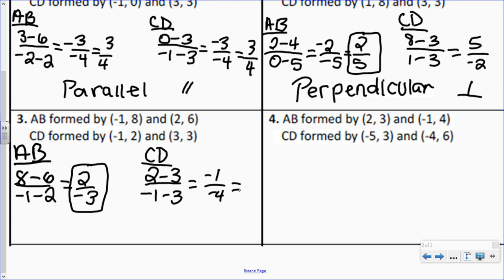And then we simplify that. Negative over negative makes a positive, so this has a slope of 1/4. All right, so AB has a slope of -2/3, CD has a slope of 1/4. They're not the same. They're not opposite reciprocals. So in that case, we say these are neither.